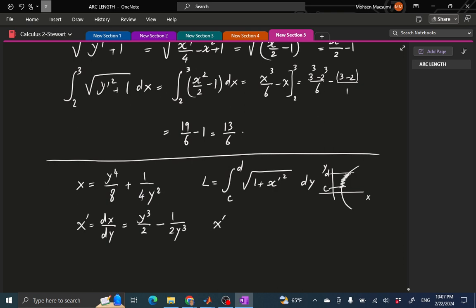Now x prime squared is going to be (y^3 over 2 minus 1/2 y^-3) squared.